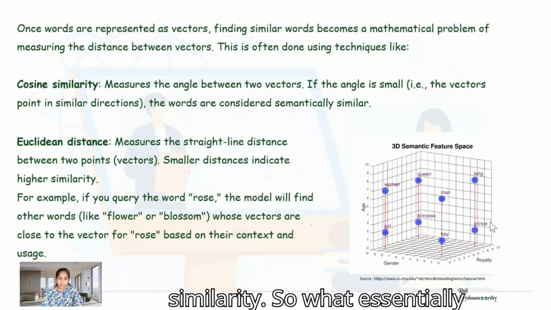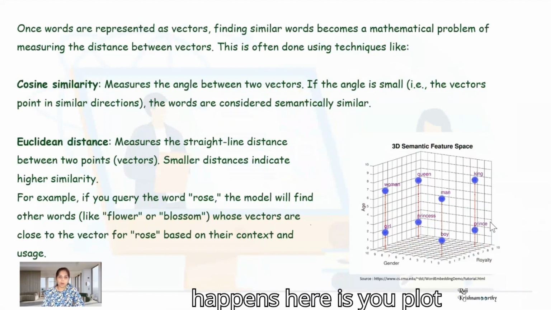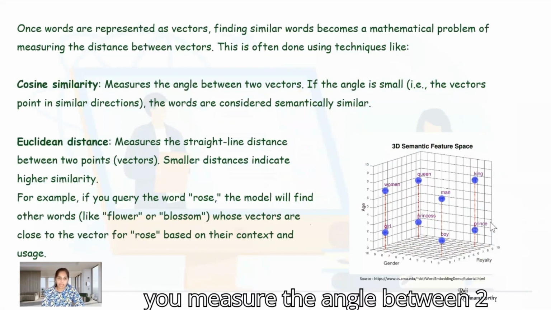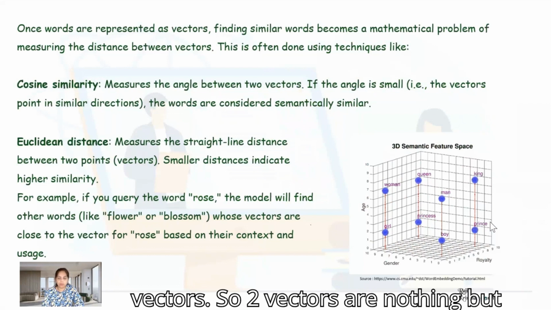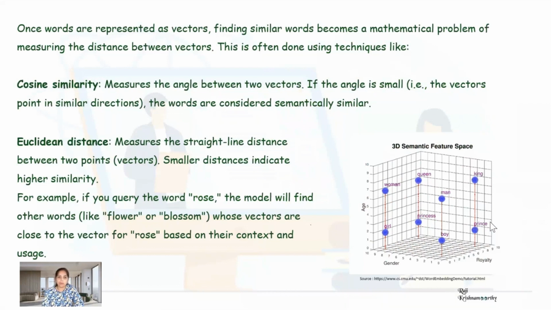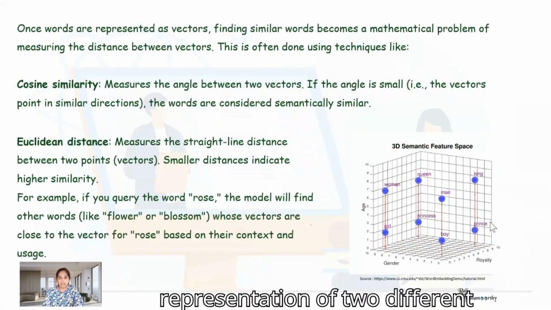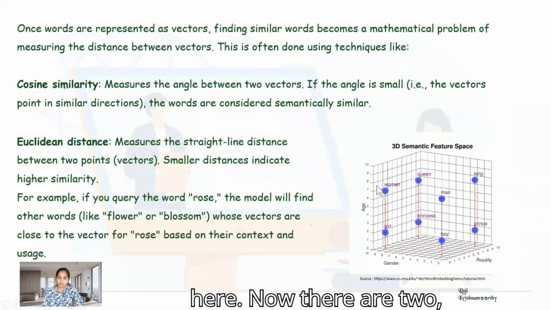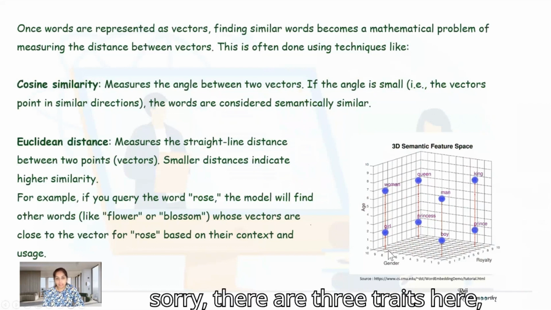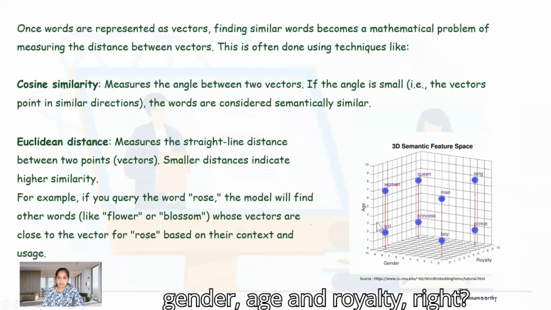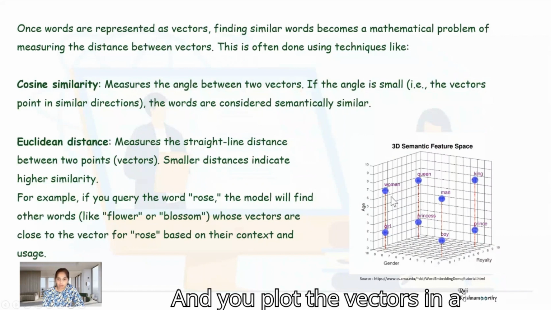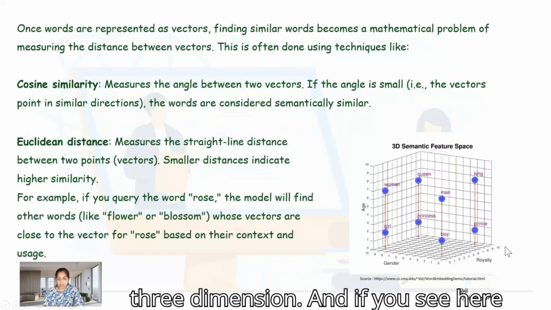What essentially happens here is you plot the vectors in a graph, and you measure the angle between two vectors. Two vectors are nothing but two numerical representations of two different words. As you can see here, there are three traits: gender, age, and royalty, and you plot the vectors in 3 dimensions.